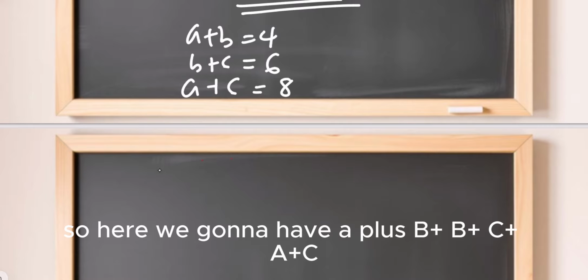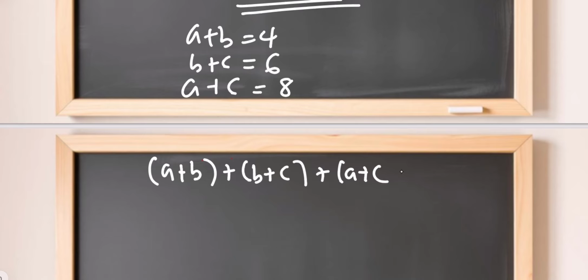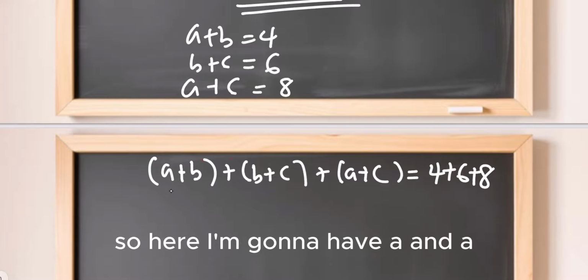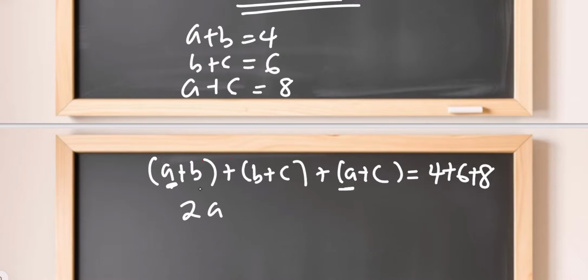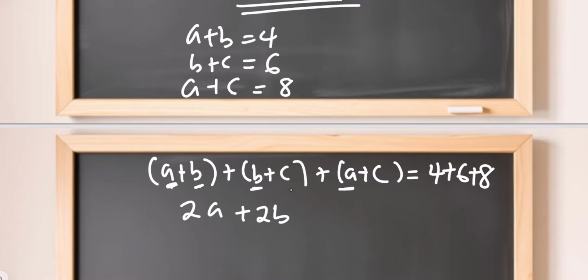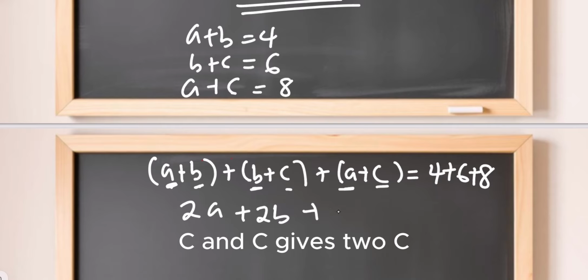So here we're going to have a plus b plus c plus a plus c, all equal to 4 plus 6 plus 8. So here I'm going to have a and a, which gives 2a. b and b, we have this to be 2b. c and c gives 2c.